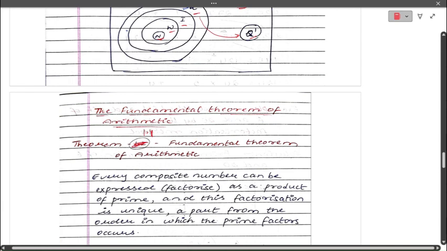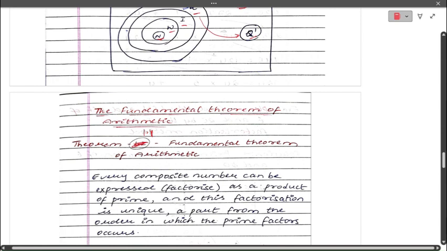Theorem 1.1 is basically the fundamental theorem of arithmetic. So what does the fundamental theorem of arithmetic tell us? We have a composite number. Each and every composite number can be factorized as the product of prime numbers.